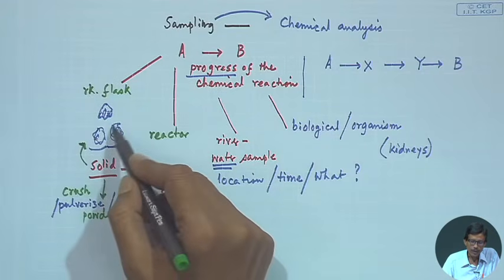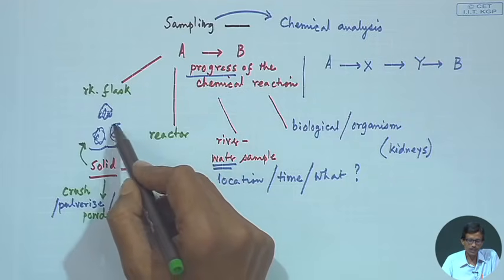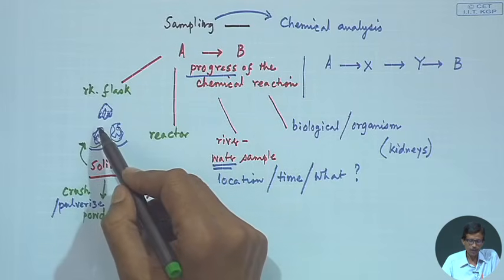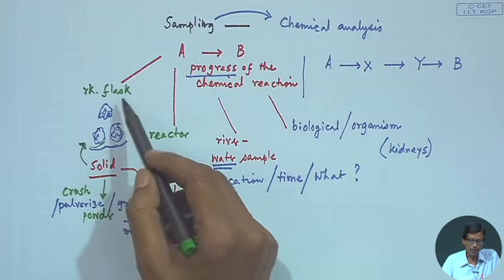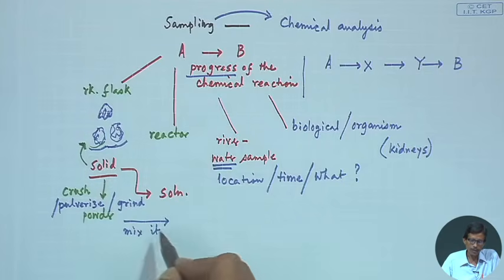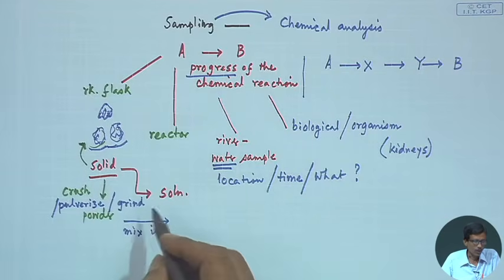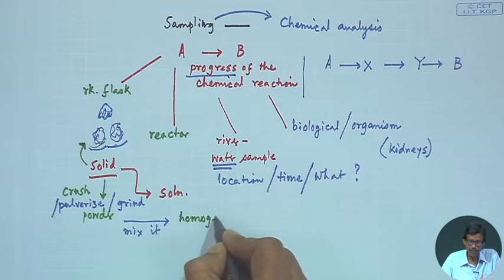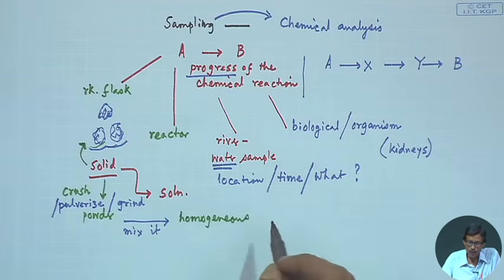So, when we grind this particular part, the concentration of one particular species is high over here than the concentration of this particular part. If we entirely make a powder and then mix the whole powder from this part and this part, we get a mixed powder form, and this mixed powder form will be homogeneous in the solid state.